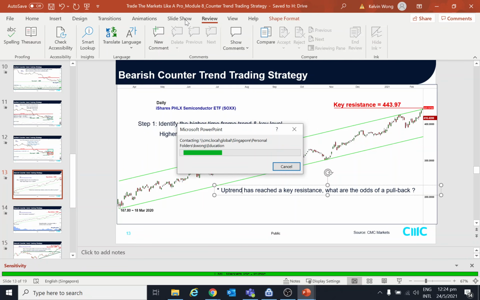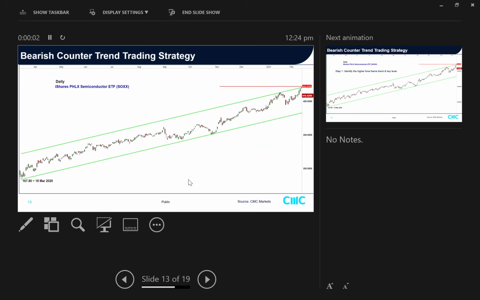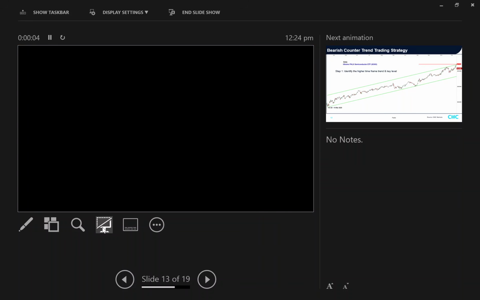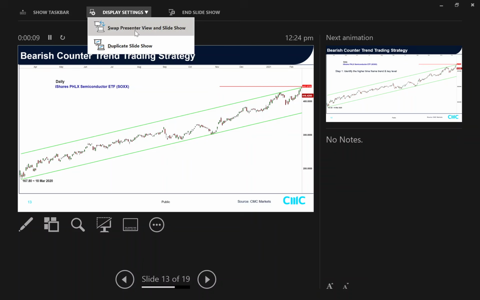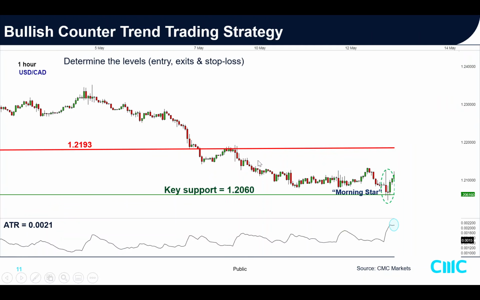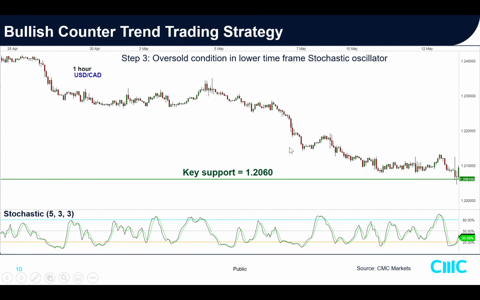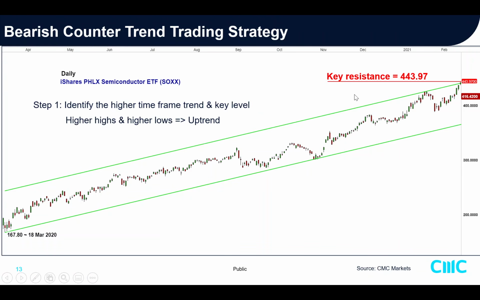Let me resume the slideshow. Let me recap again. That means the uptrend has reached a key resistance. What are the odds of a pullback?